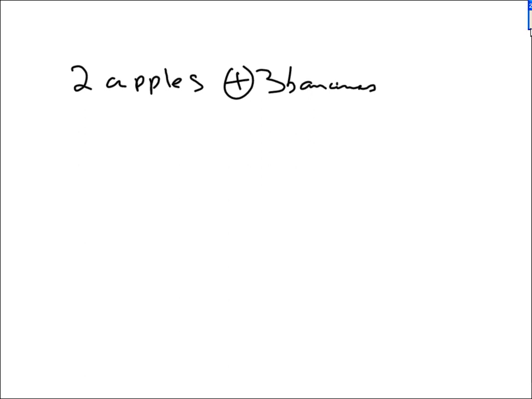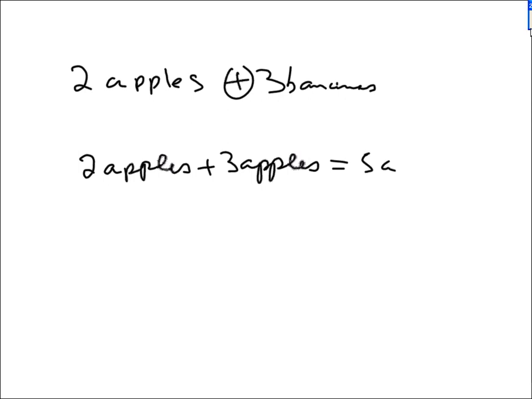The best you can do is say, 2 apples and 3 bananas are in my hand. But if in one hand you had 2 apples, and in the other hand you had 3 apples, and somebody asked you, what do you have in your hands? You can say, oh, I have 5 apples. You can only combine things that are alike.